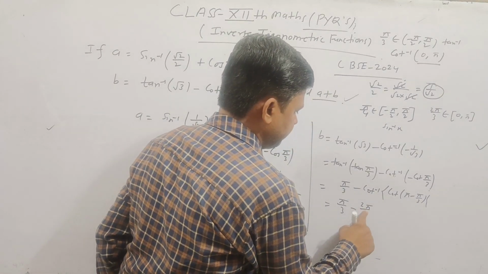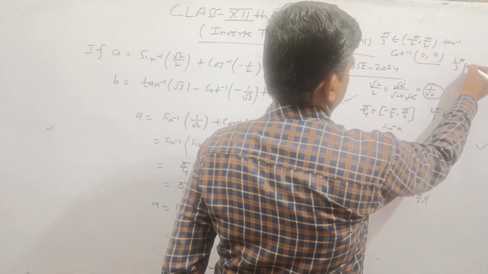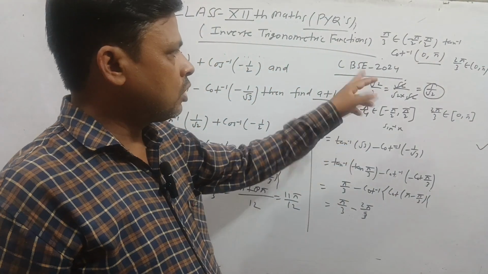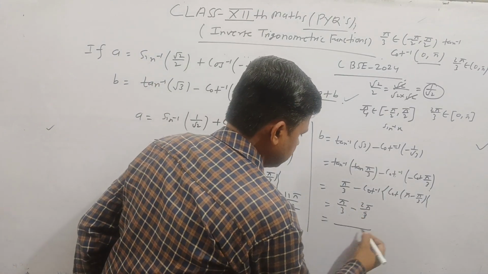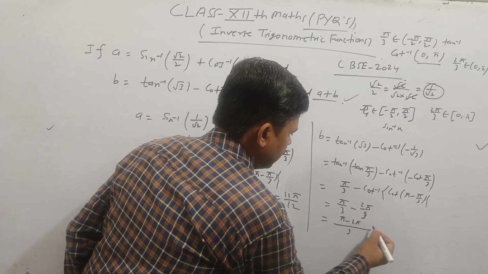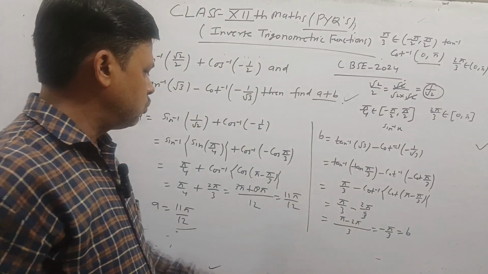And 2 pi by 3 belongs to the principal value range of cot inverse, so this is correct. So it will be minus pi by 3. So minus pi by 3 is the value of B.